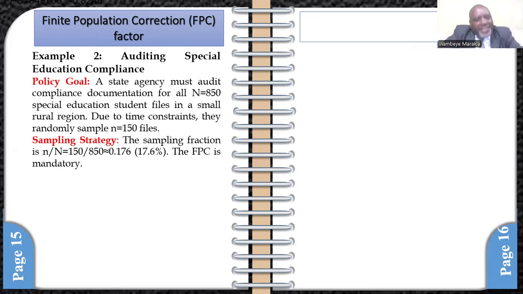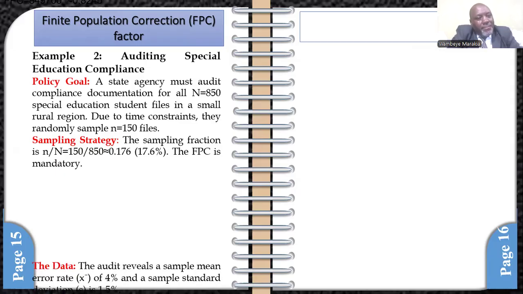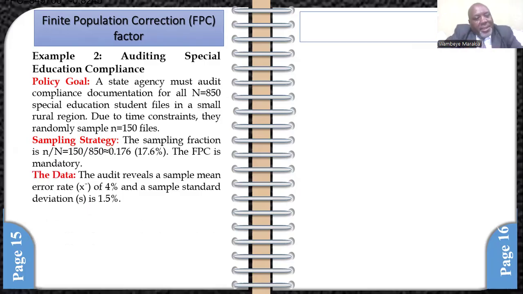Then, in this case, the finite population correction is mandatory. The data shows that the sample mean error is 4%, and the sample standard deviation is 1.5%.